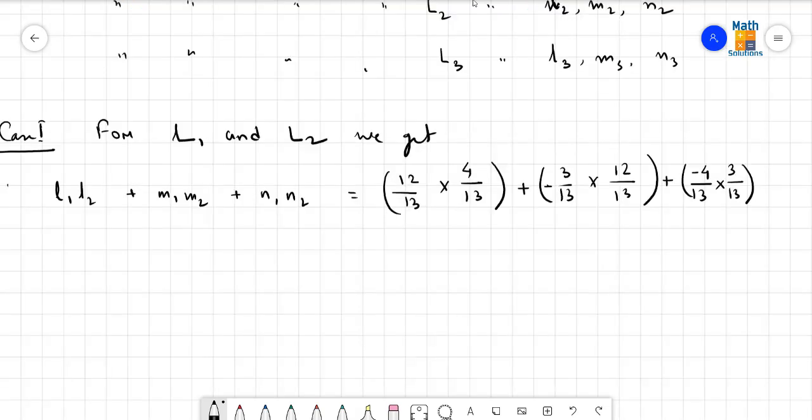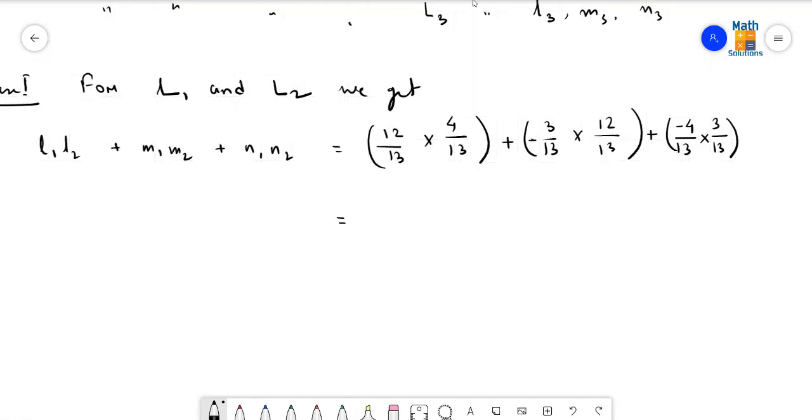After complete simplification, let's check what result we get. We get here 48 by 169 minus 36 by 169. Again here it is minus, so we shall be getting minus 12 by 169.